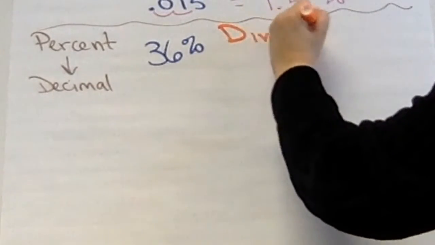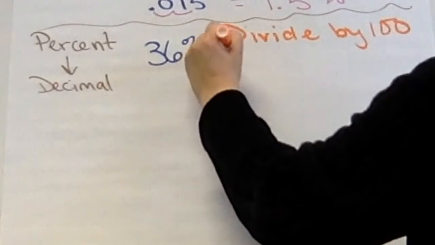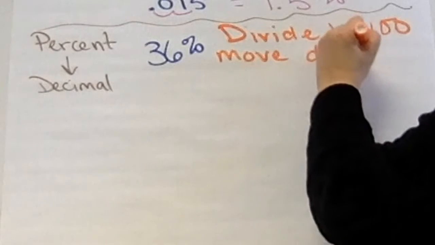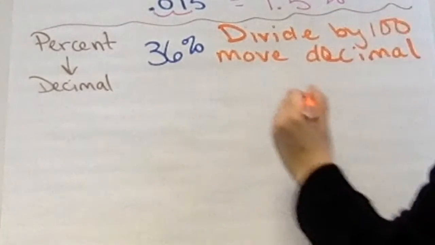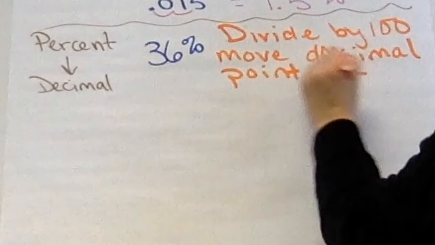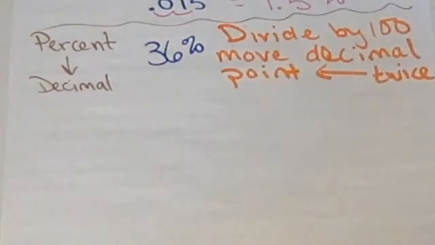Divide by 100, so move the decimal point to the left twice.